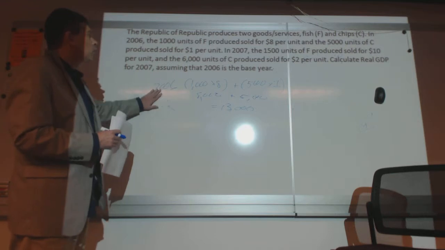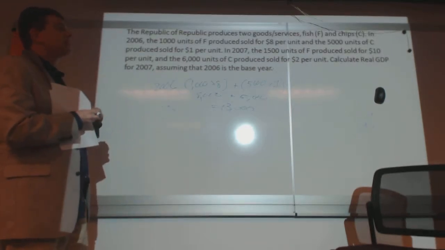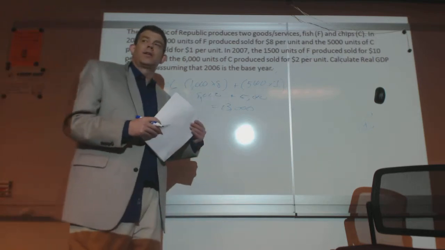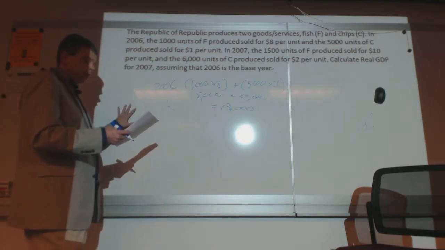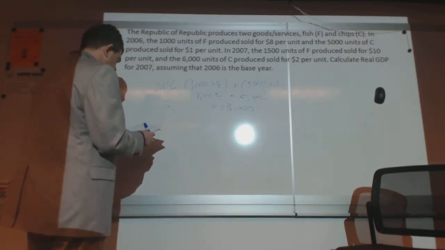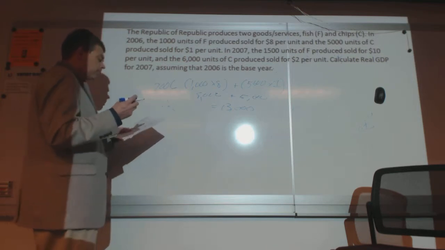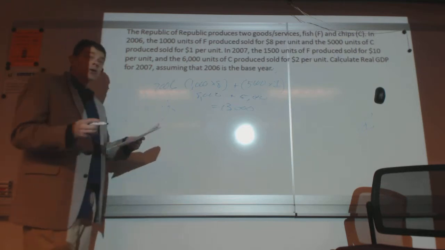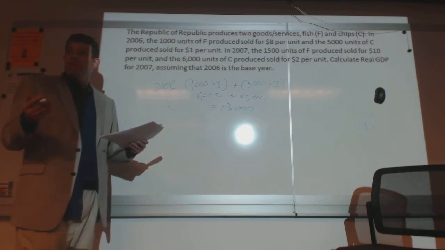Okay? But what the question wants to know is, we're going to take a look at 2007 because different things happen. There is a shortcut for calculating differences in GDP. When you do it, here's all you have to do. When calculating real GDP for a given year, write this down. You use the production numbers from the new year and the prices from the base year.